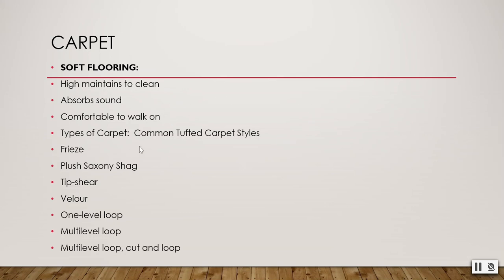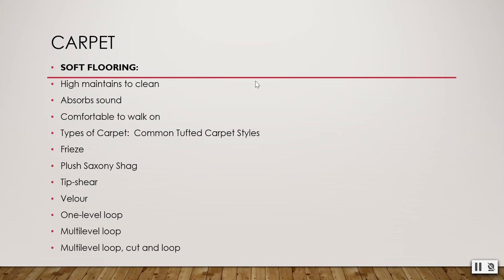One is the common tufted carpet style. That's your regular type of carpet that we mainly see. And there's different types of little threads, different styles. We have plush, saxony, shag, frieze, velour, level loop, multi-loop, and cut loops.